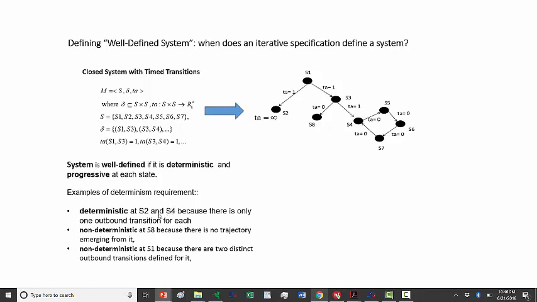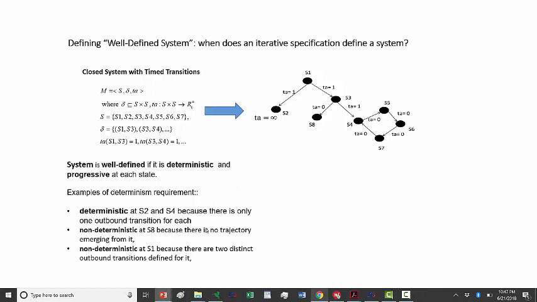Determinism is basically that there's a single outbound transition from every state. S2 and S4 are examples, because in S2 you stay in the state forever, while in S4 there's only one state transition out.